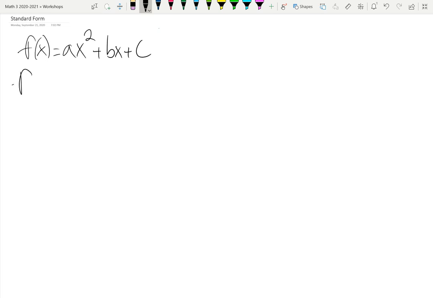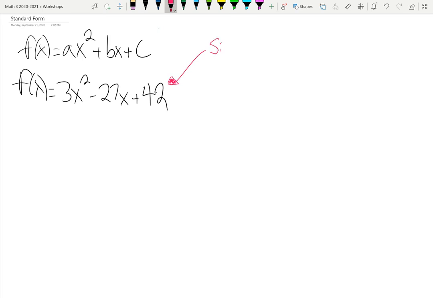An example of a function like this would be 3x squared minus 27x plus 42. The reason this is called standard form is because this is the simplified version of a function. So let's keep this in mind. It is always the simplified version of a quadratic.